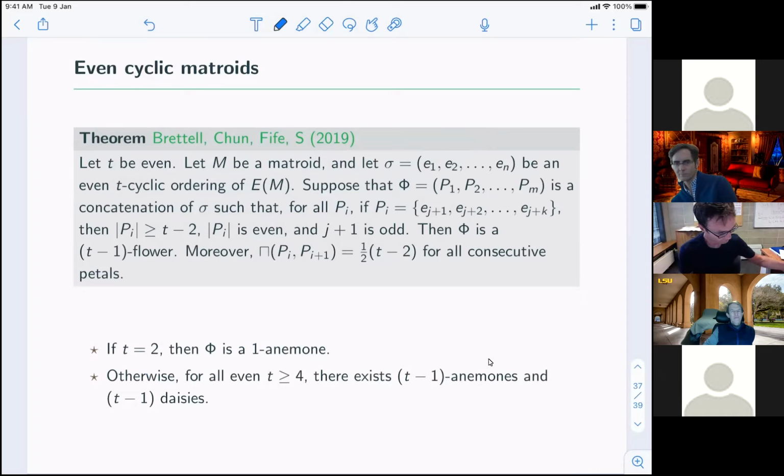And you can have constructions for building these ST-cyclic matroids for arbitrarily large S and T. The constructions involve quotients and lifts from smaller ones. You can keep building these things up using those operations.